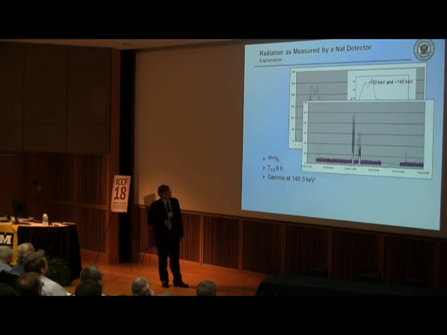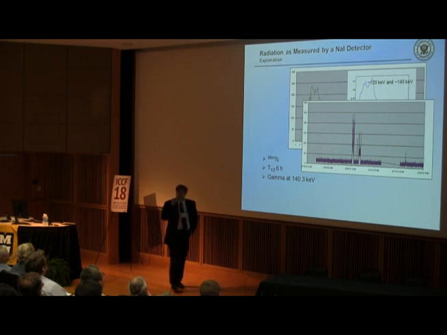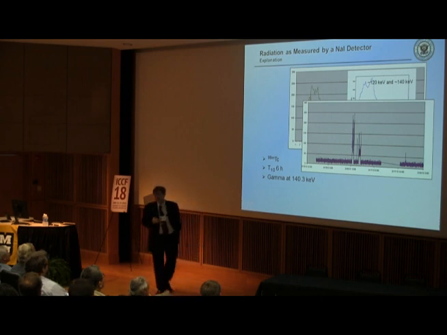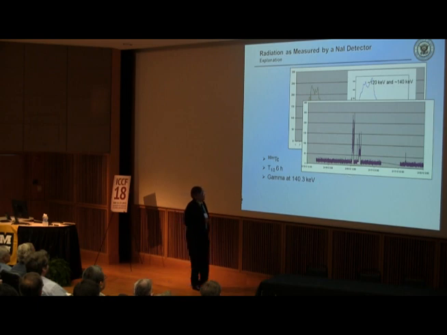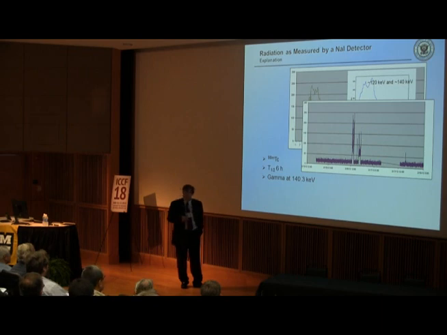Well, as it turns out, an individual had a medical exam, and they were given technetium 99. And they sat next door for about half an hour. They went away. They came back that afternoon, sat there for another half hour, went away, came back the next day, and we saw the peak.